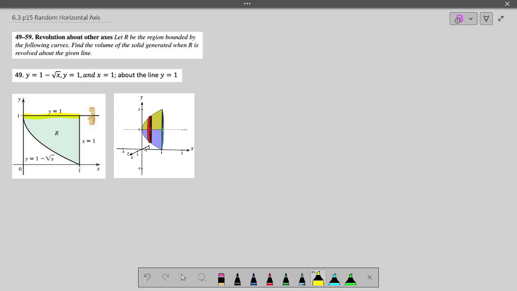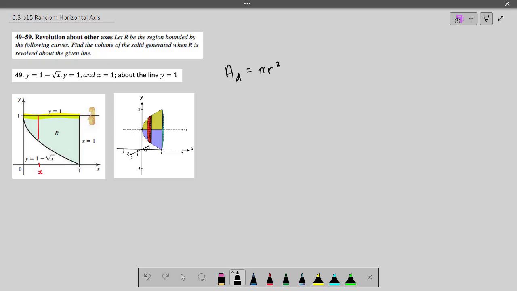We are going to have disks. So I'll draw a vertical element here, and this is at a random x. That vertical element is going to rotate around y equals 1 and create that disk over there. So it's rotating this way. We have cross-sectional disks. The area of a disk we know is pi times r squared.